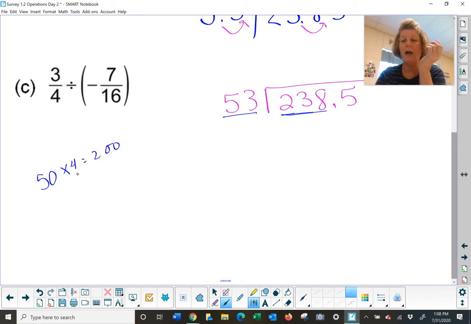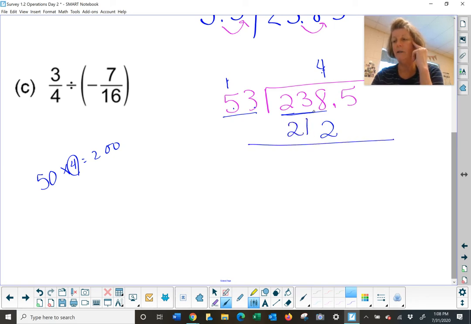So I'm going to try a 4 here and hope that I landed right. 4 times 3 is 12, carry a 1. 4 times 5 is 20, plus 1 is 21. We are now into subtraction, aren't we? So I subtract this number and find the difference. How close was I by using 4 times 53? I'm going to have a 6 and a 2, a 26 left over. Okay, that's fine. And then 5 comes down.